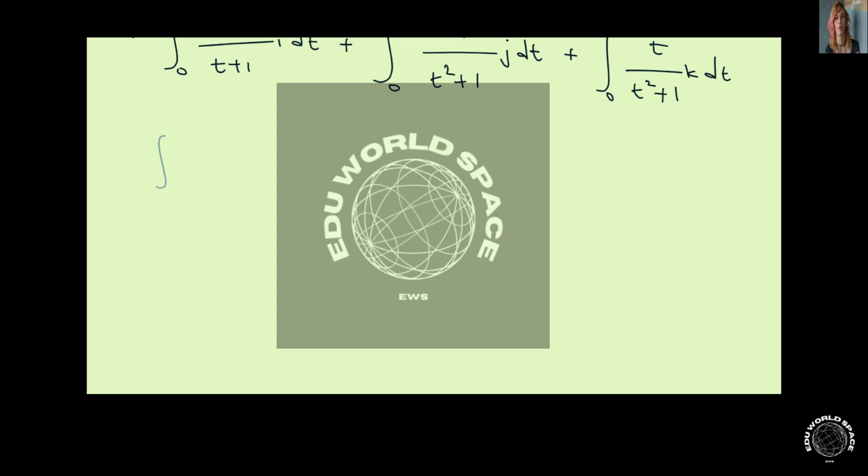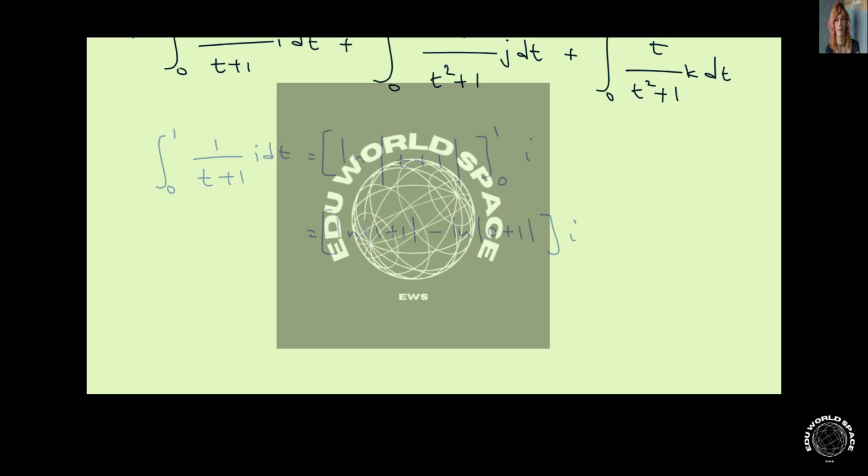First one, we have integral from 0 to 1 of 1 over t plus 1 i dt, right? So this is the natural log of the absolute value of t plus 1, times i. All right, let me bring the evaluation first. We evaluate from 0 to 1: ln of the absolute value of 1 plus 1 minus ln of the absolute value of 0 plus 1.